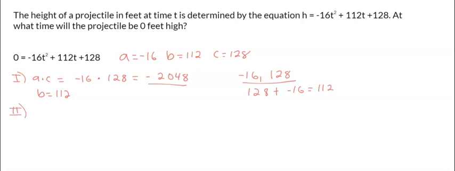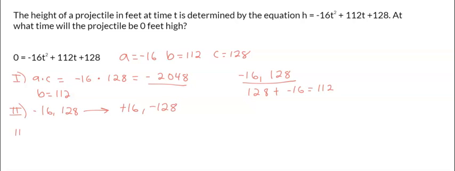Okay, so part two. Now that we have negative 16 and 128, we need to flip the signs. Whoever is positive becomes negative, and negative becomes positive. So negative 16 becomes positive 16, and positive 128 becomes negative 128.